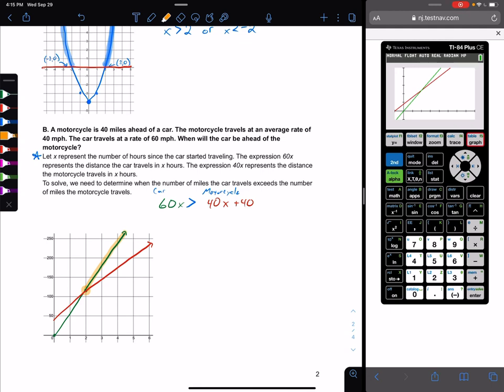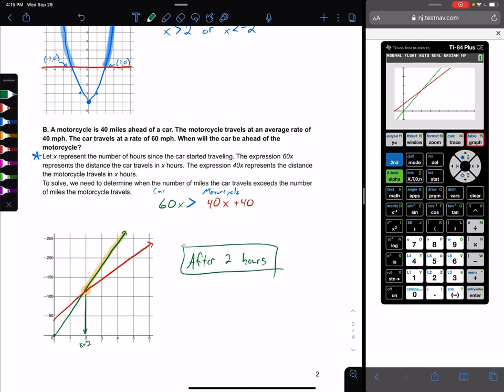It's creating greater values as I go right on the x-axis. So it looks like from 2 or x equals 2, and then anything above that, that's where my car is going to be ahead of the motorcycle. So the question, when will the car be ahead of the motorcycle? I would say after 2 hours.